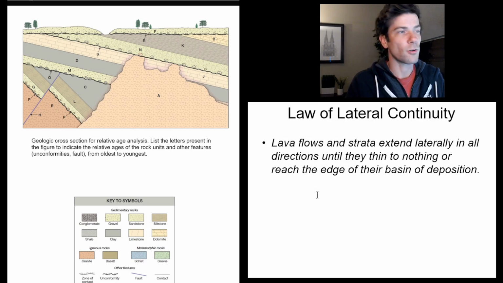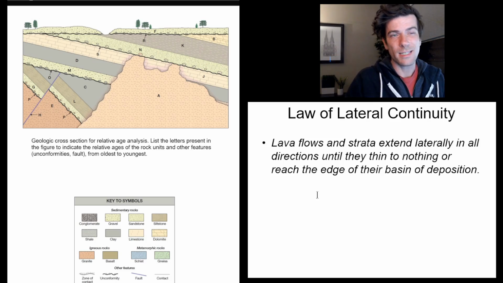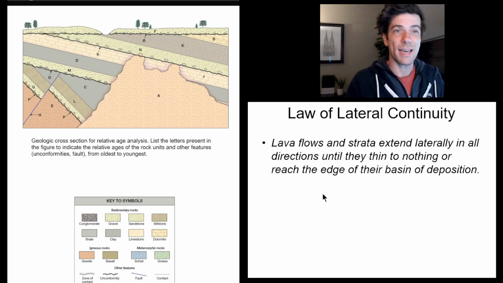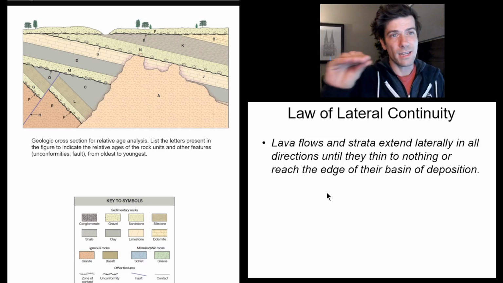The second one was lateral continuity, and this just says that sediments or lava flows are going to be deposited horizontally, but they're going to extend continuously across whatever basin they're being deposited in until they either reach the edge of that, kind of like the side of a bathtub was the example I used in class, or they thin out to nothing.